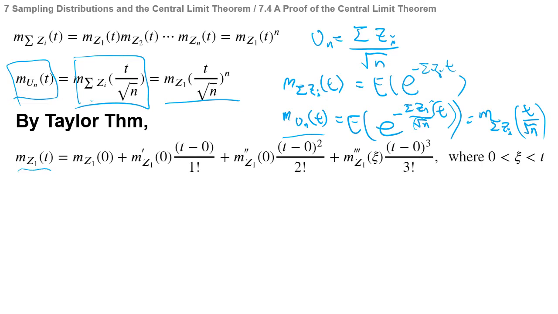at a equals 0, and that's M_{Z1}(0) plus the first derivative, M_{Z1}'(0), times (t minus 0) divided by 1 factorial, plus, and at some point we stop, and we put psi inside here, and then they are equal by using Taylor's theorem.